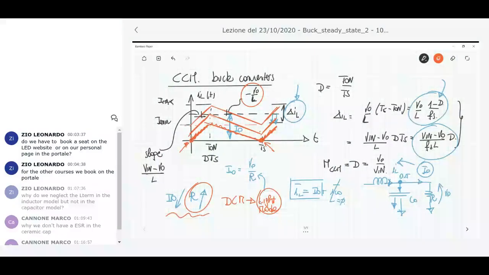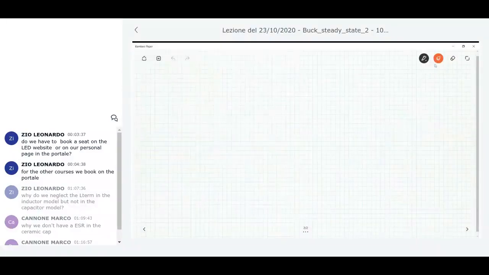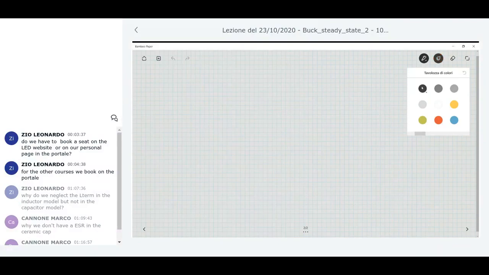The continuous induction mode, for example, can also be called heavy mode. Heavy mode means that you have large current flow. So sometimes in the literature you can find both names for this kind of operation.